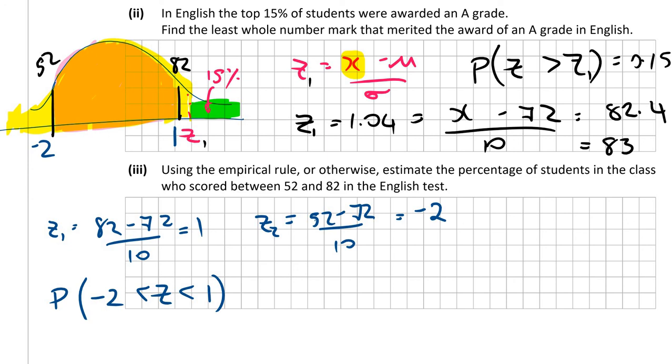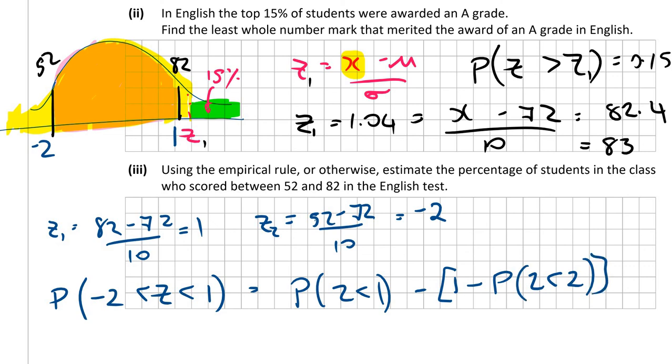Look that up, I'll get all the information to the left of a z-score of 1. Subtract the information to the left of a z-score of minus 2, but I can look that up. All the information to the left of a z-score of minus 2 is the same as everything to the right of a z-score of 2.